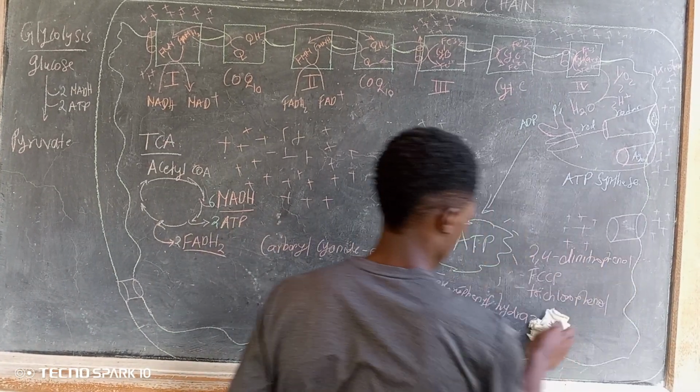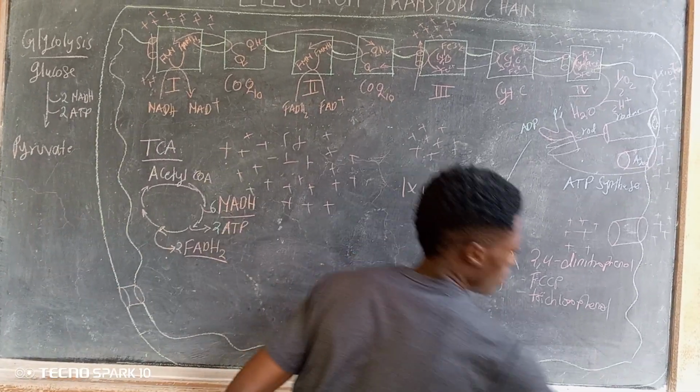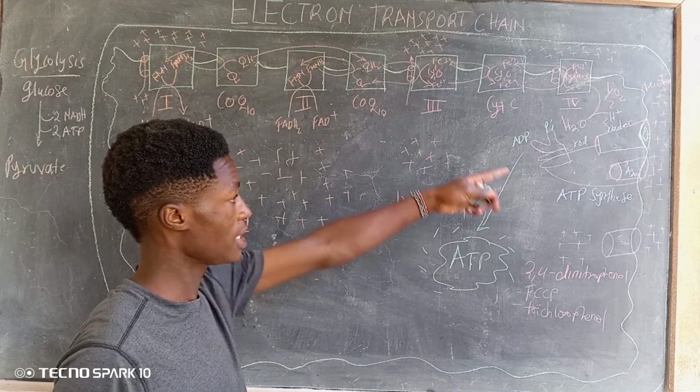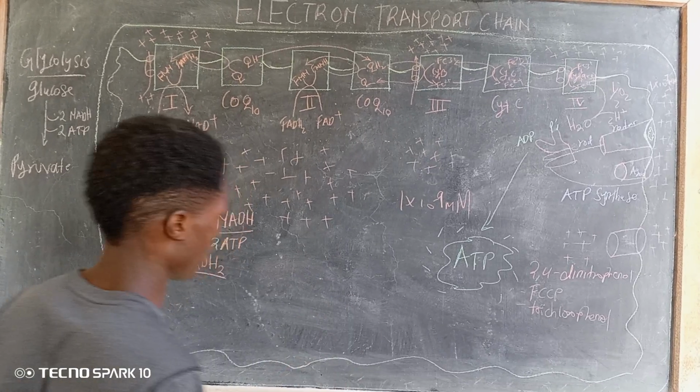You can just call it FCCP, but that's the full name. So these are uncouplers. They don't couple the electron transport chain with the ATP synthase. So they are going to lead to a high metabolic rate and going to generate temperature.